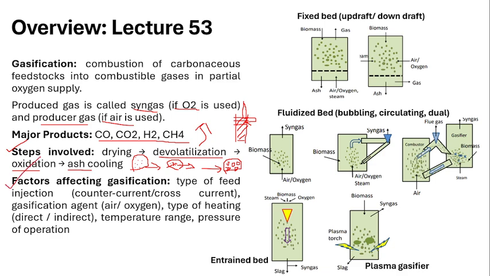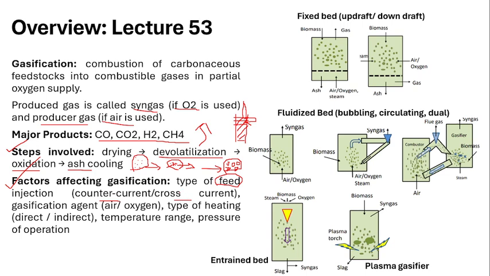So during the gasification process, many useful products are formed. What are the different factors that are going to affect the gasification, or the feed injection? So how our feed, that is the waste biomass, is given as input to the reactor, whether it is counter current or cross current.